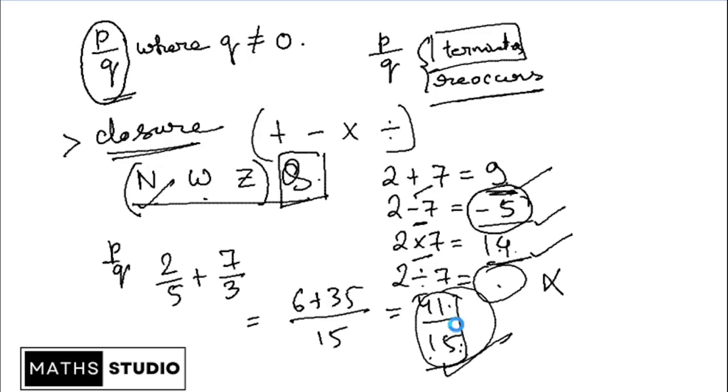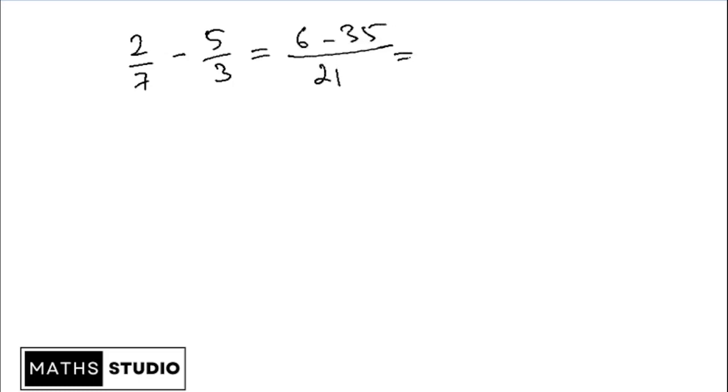Now let us see what happens for subtraction. Suppose we do 2 by 7 minus 5 by 3. This gives me 6 minus 35 over 21, that is minus 29 by 21.